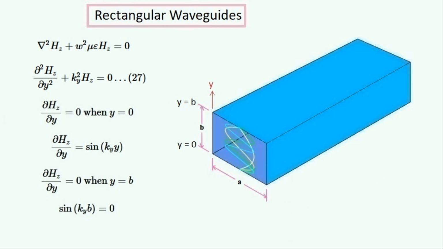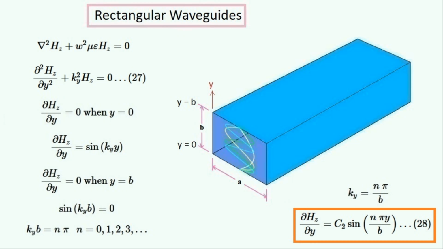Substituting all of these values in gives us this equation, which can be solved to be this equation, where an integer n is introduced to be equal to these numbers, so multiple values may be found. ky is found to be this, so there are multiple values of ky. And so this is what this quantity is equal to.